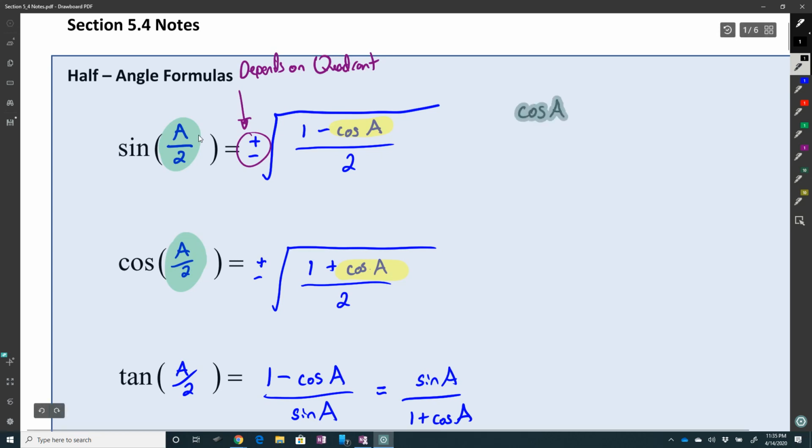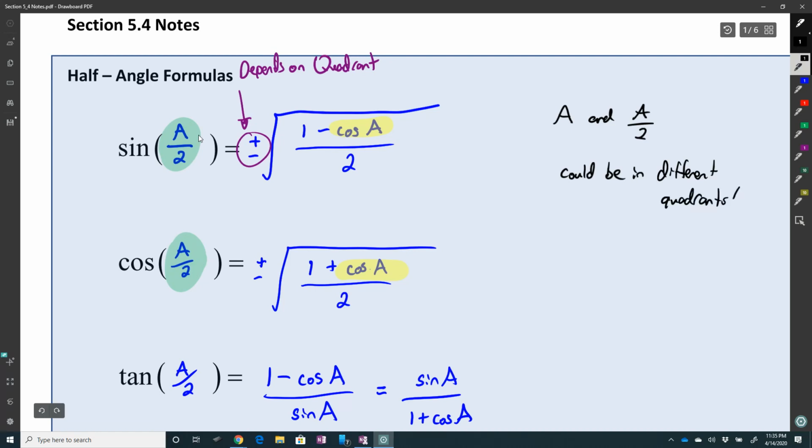Or I'll just put A and A over 2. So you got to be careful. So for the cosine A, you just follow the formula. If it's negative, then negative. If it's positive, then it's positive. But the formula on the outside will be whatever the original one was, the A over 2.